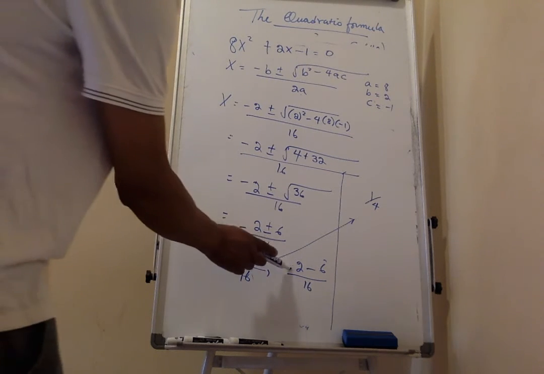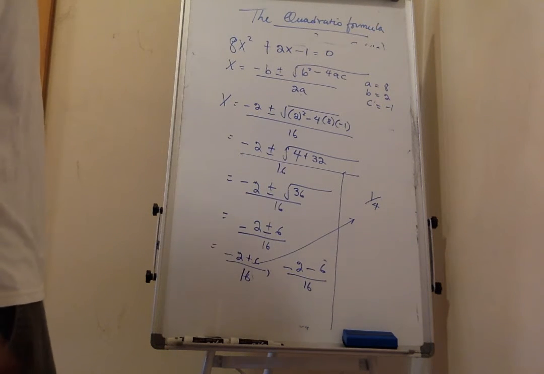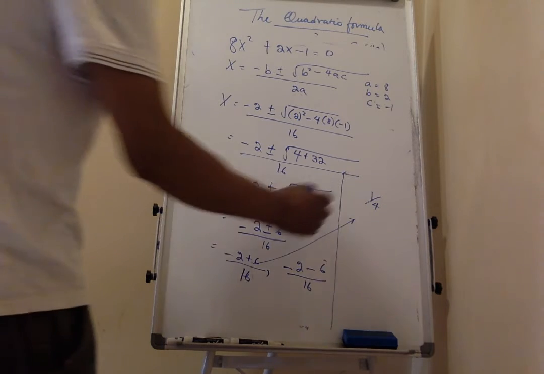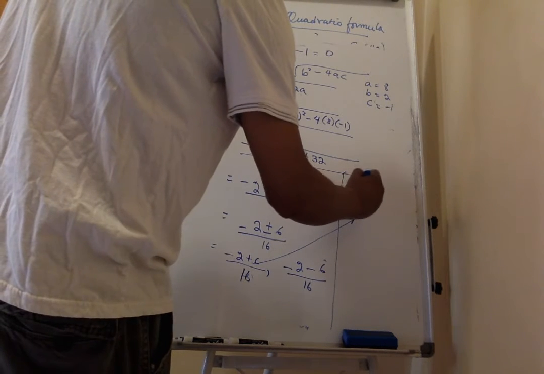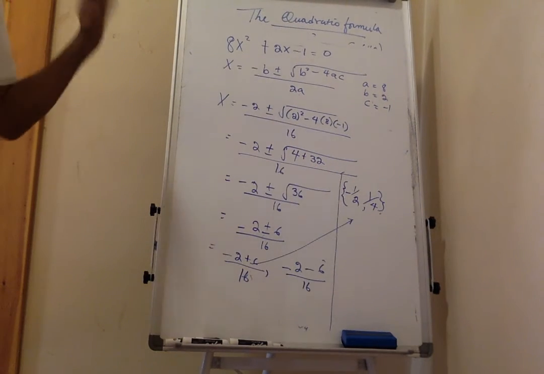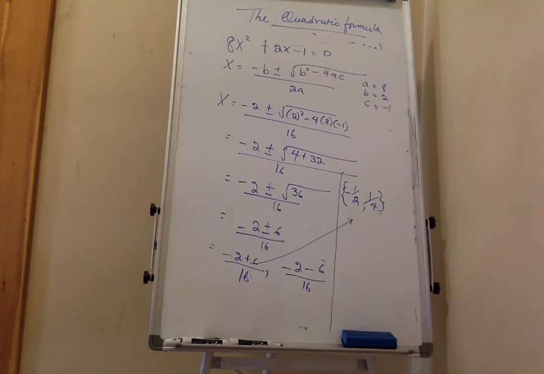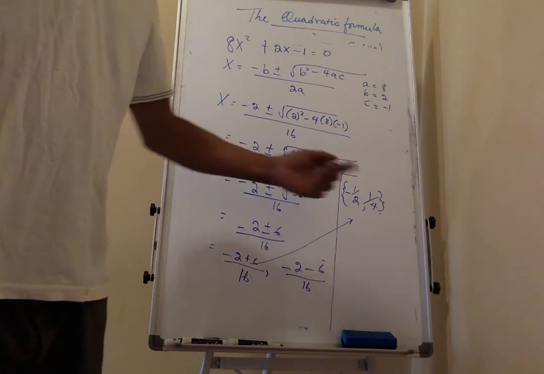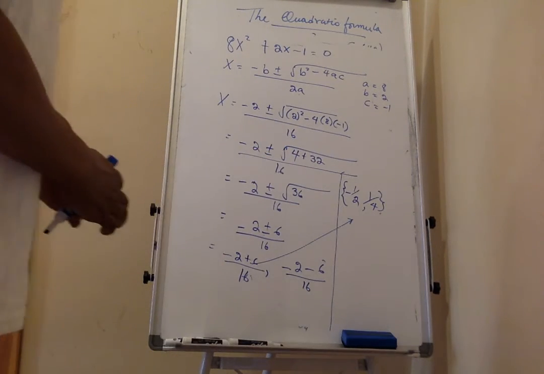If you do negative 2 minus 6, that is negative 8, and negative 8 over 16 gives you negative half. In our previous exercise, we ended up with an irrational expression, and in this one, we ended up with a rational expression.